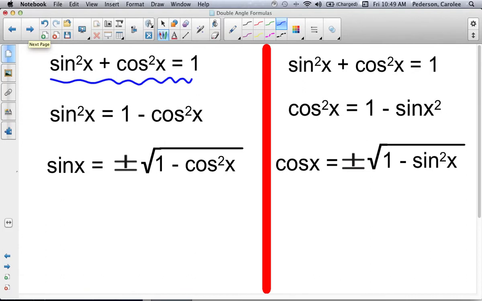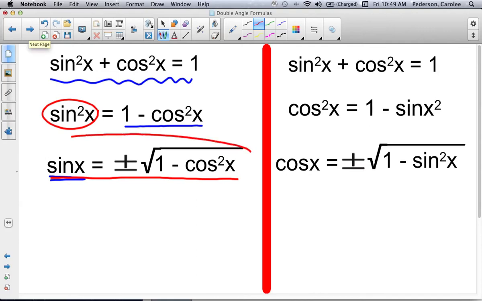If I subtract both sides by the cosine squared of x, which is the next step, and then if I want a single sine of x, so to remove this sine squared of x, to undo it, I square root both sides. So the sine of x equals plus or minus the square root of 1 minus cosine squared of x. We are going to be using this formula on the next slide.